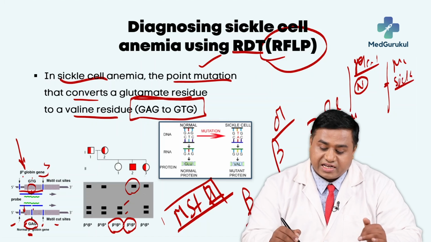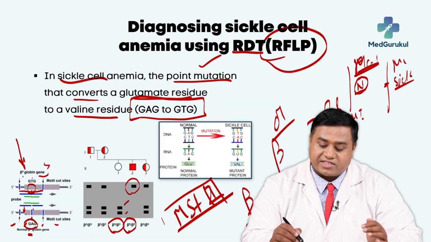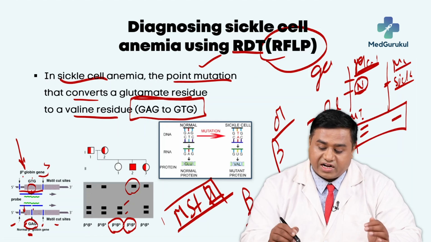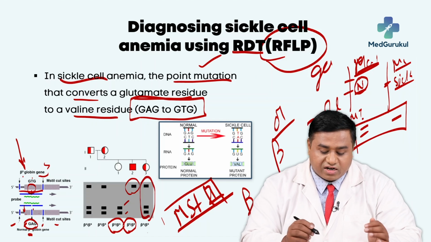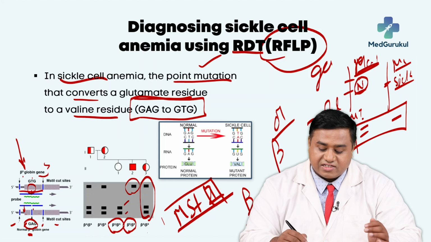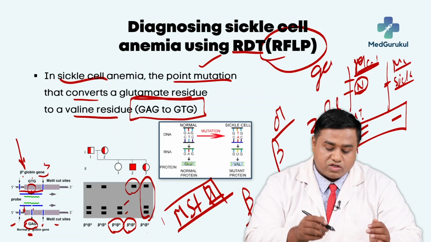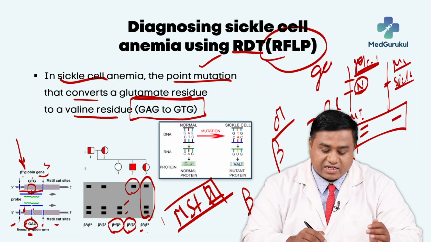So the restriction enzyme will cut the normal paternal chromosome gene into two fragments, but the maternal side into only one fragment. Gel electrophoresis will now reflect three bands. This type of pattern we call the sickle cell trait. So, if three bands are seen, it is sickle cell trait.